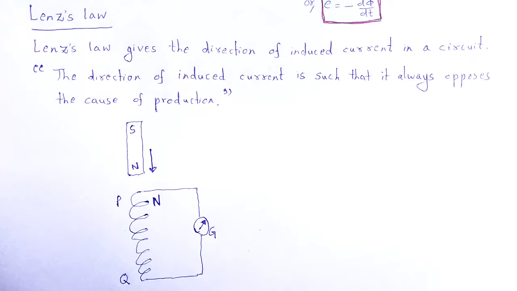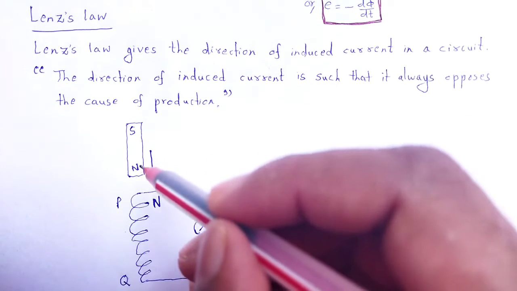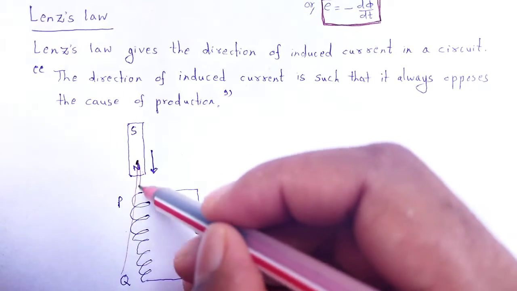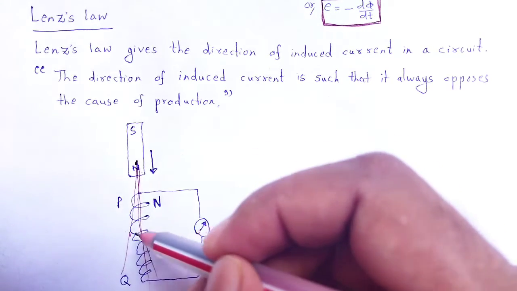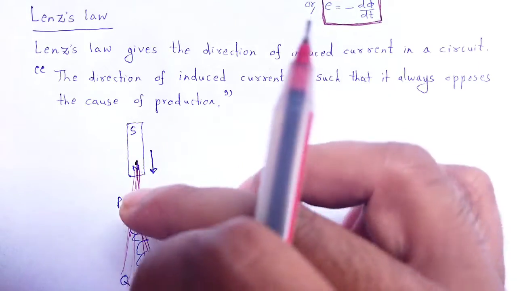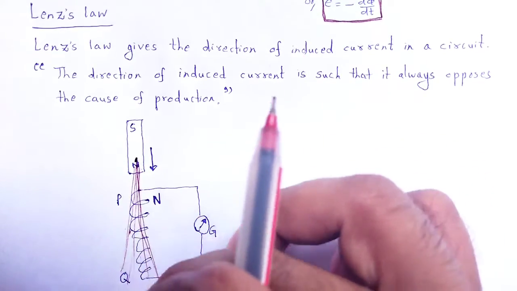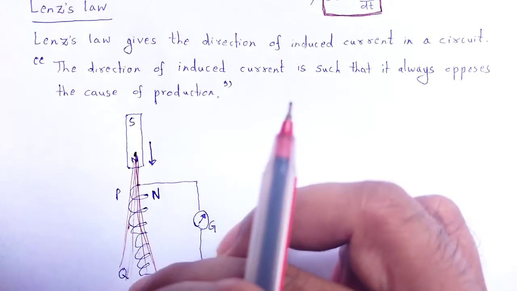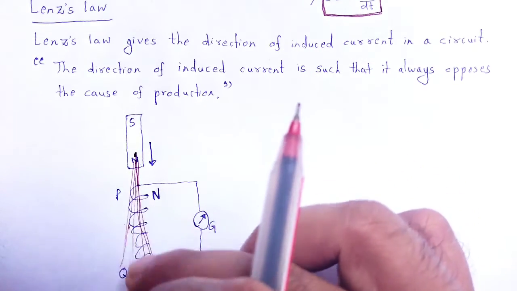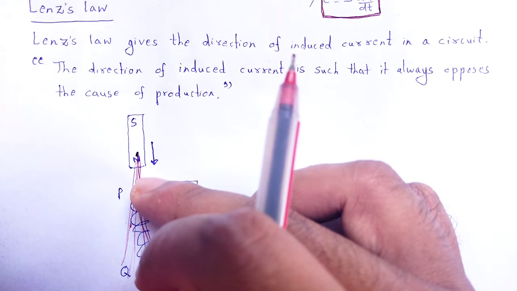Look here, there will be the magnetic lines of force linked with that coil, linked with that circuit. Due to this movement, there will be a change in magnetic flux associated with the circuit.